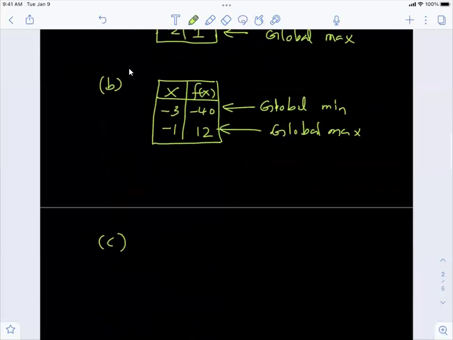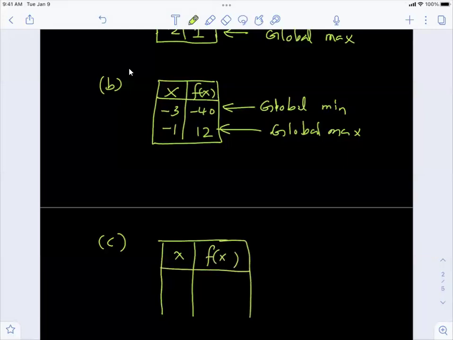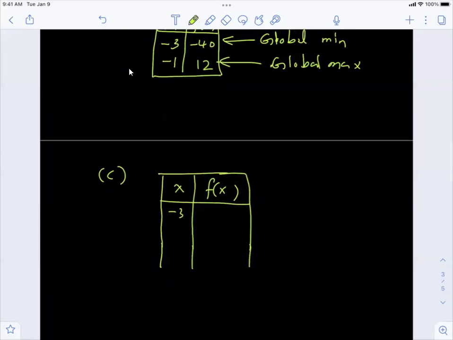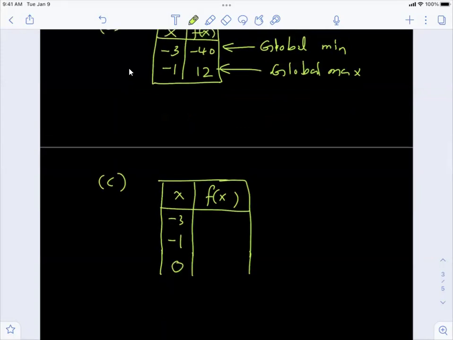So what we're trying to do now on this occasion, x, f of x, and we have -3, and we need to consider all critical numbers that lie inside that interval, and the endpoints.